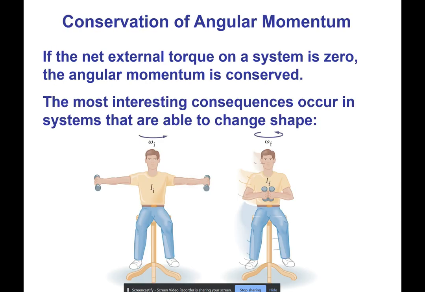And this is what I was telling you about in the last slide. If you have a rolly chair that can spin, you can see that as your arm is out and you're rotating and you pull it in, you're going to end up going faster because you're shortening your radius.